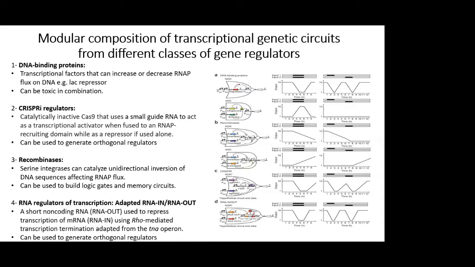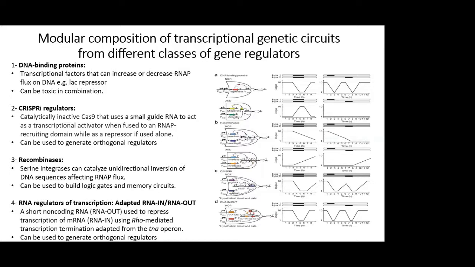And recombinases are known for building logic gates and also for building memory circuits. Actually, recombinases are more efficient in building logic gates, even more than transcription factors, because they can generate switch-like behavior. Using transcription factors, you could have graded switching transitions.